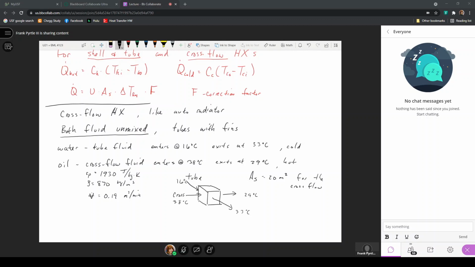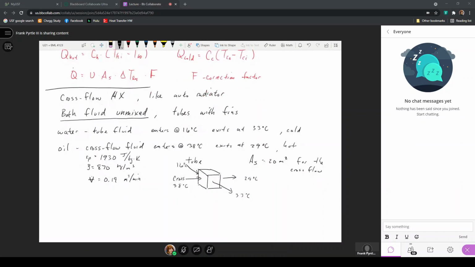For the cross flow, the surface area where heat transfer is occurring is the outside of the tubes and all of the surface area for the fins that are attached to the tubes. So this surface area of 20 square meters, I'm specifying that that's for the cross flow. That's where the heat exchange is occurring for that fluid flowing on the outside of the tubes.